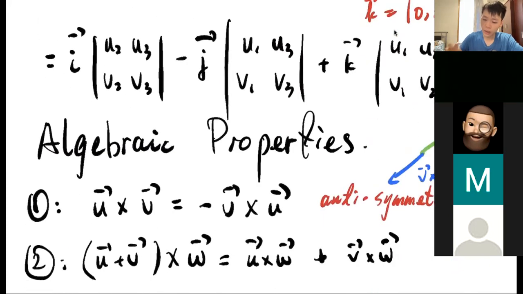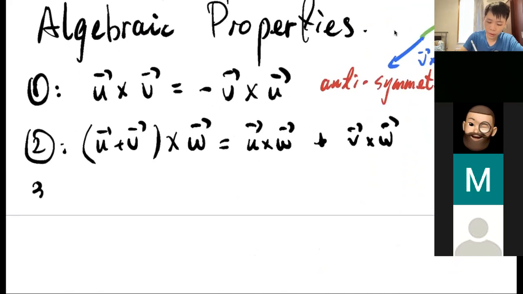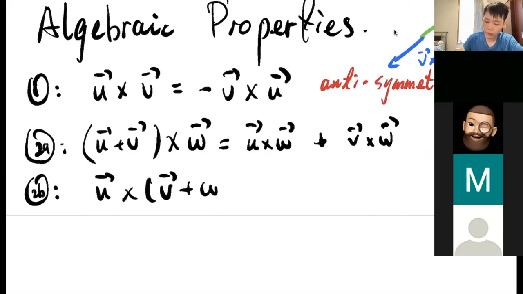The third one is that the addition can be distributed in either one of the arguments. These two are related. If you put the addition in the second argument, you can still distribute it.